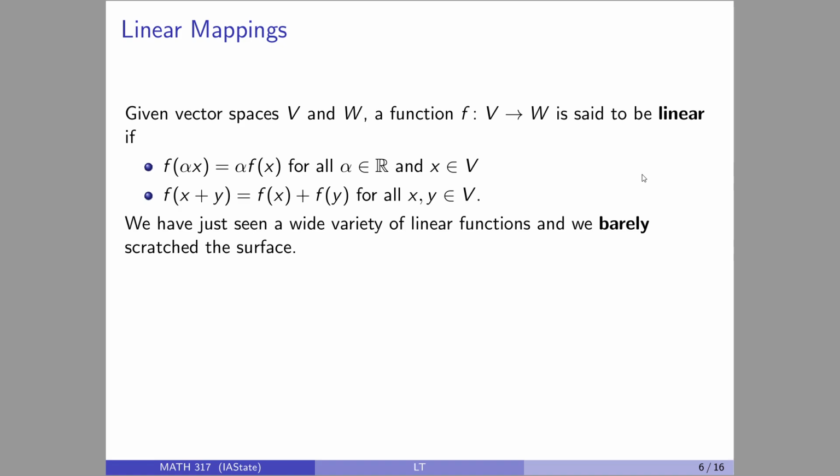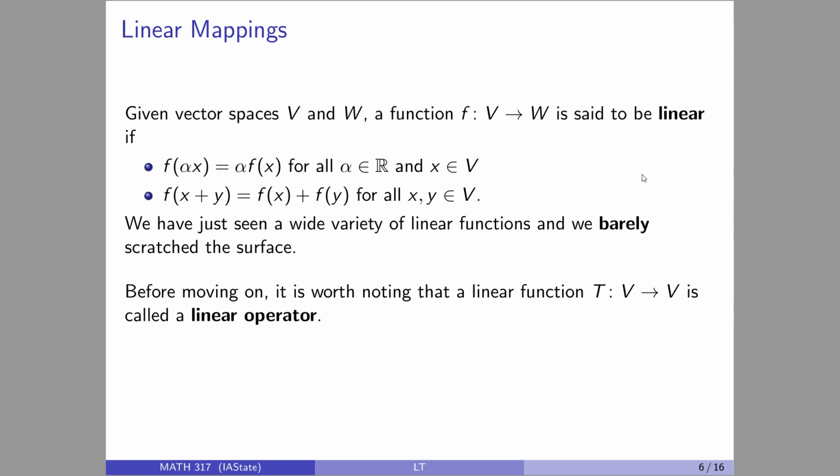So before we go forward, some nomenclature that is thrown around. A linear function whose domain and codomain are the same is usually referred to as a linear operator. So if you hear anybody talk about operator theory, that's what they're doing. They're playing around with linear functions from a vector space to itself. And speaking of something that somebody may have mentioned, we already just saw an example of this.